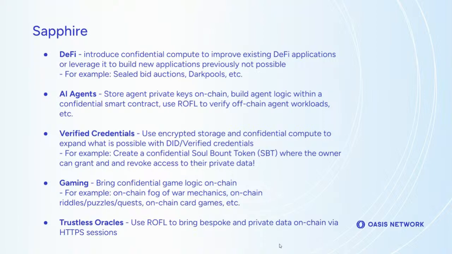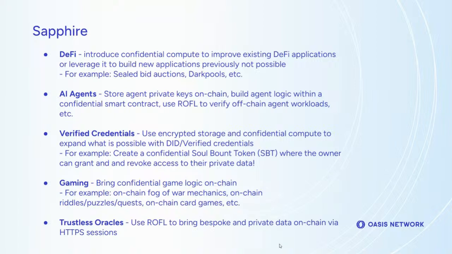Other places are AI agents, verified credentials. So verified credentials, one that we have a demo for is a confidential soulbound token where the owner can actually grant and revoke access to their private data. So imagine a KYC type system where, let's say you're running a launchpad and you want to make sure that you're compliant. So you want to make sure that all people are above the age of 18, and you want to make sure that they're not part of some 7 blacklisted countries, right?